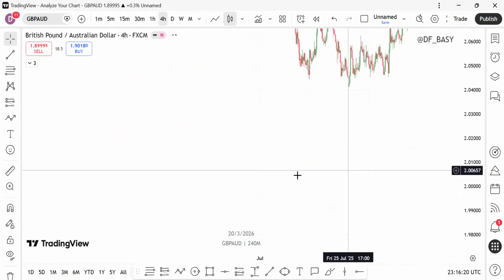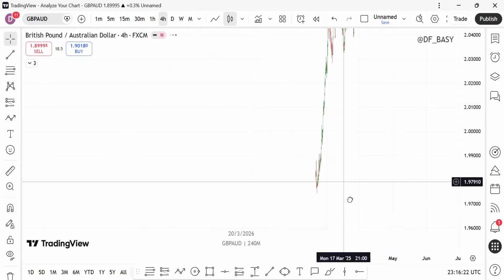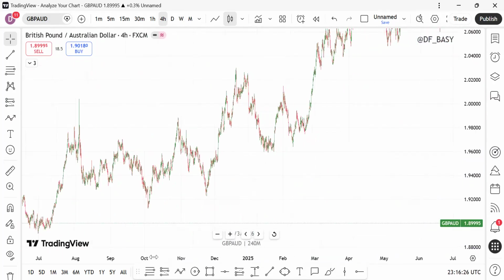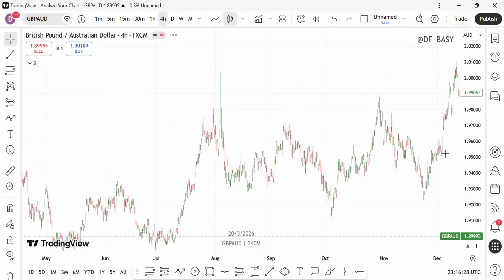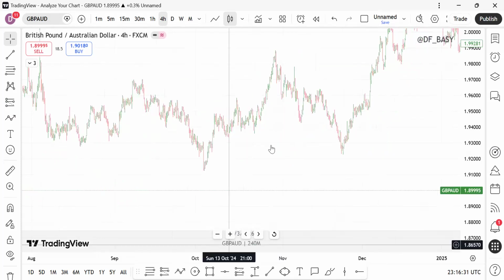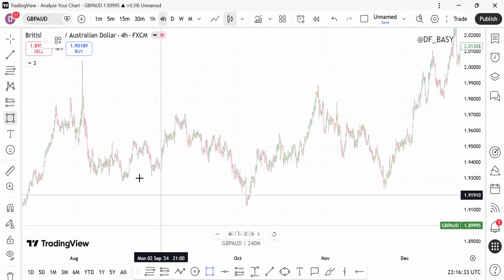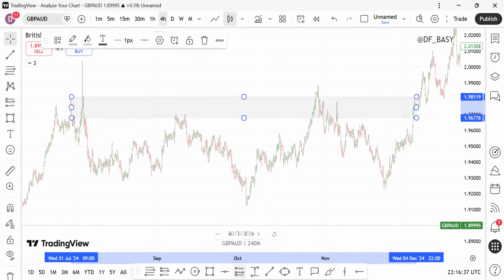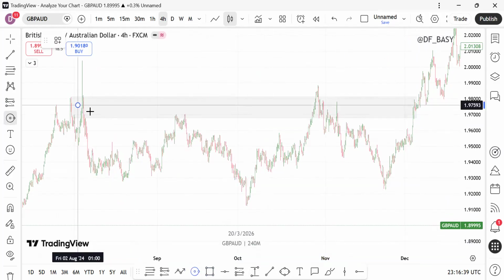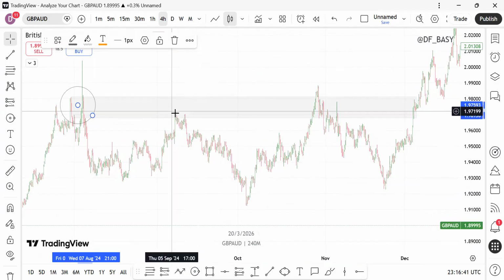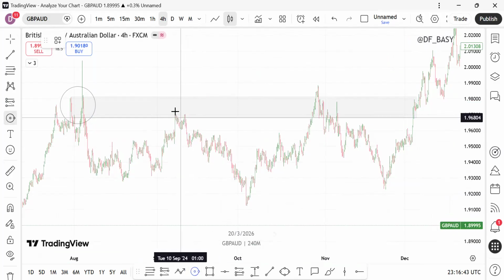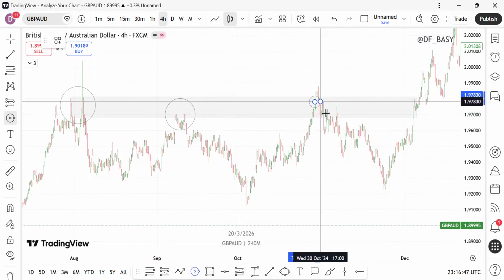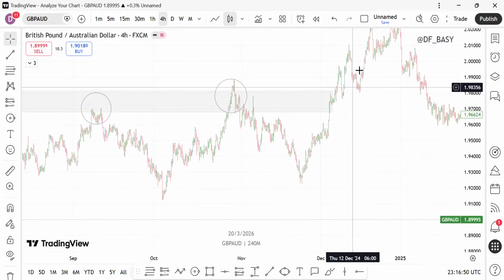Let's look for something neat. Okay, here we go. Here can serve as your resistance, although the market finally broke above it. So we have the first touch here, this touch here, and this touch here, but later the market broke above it.